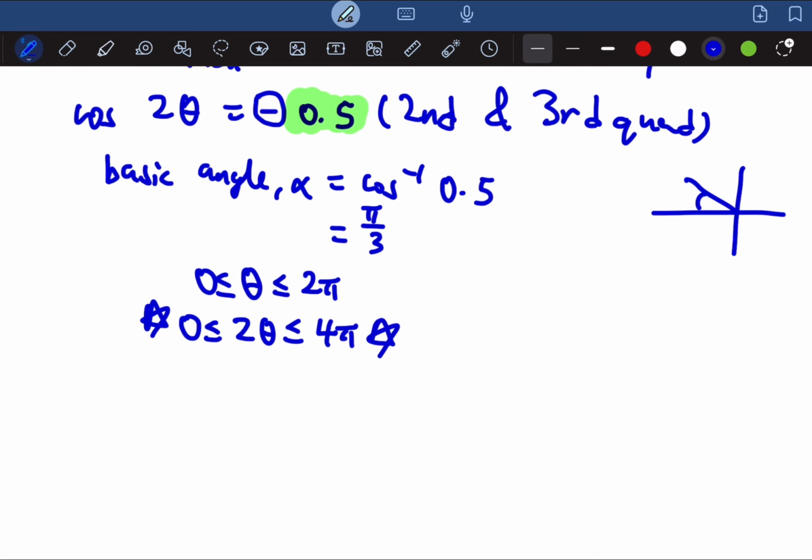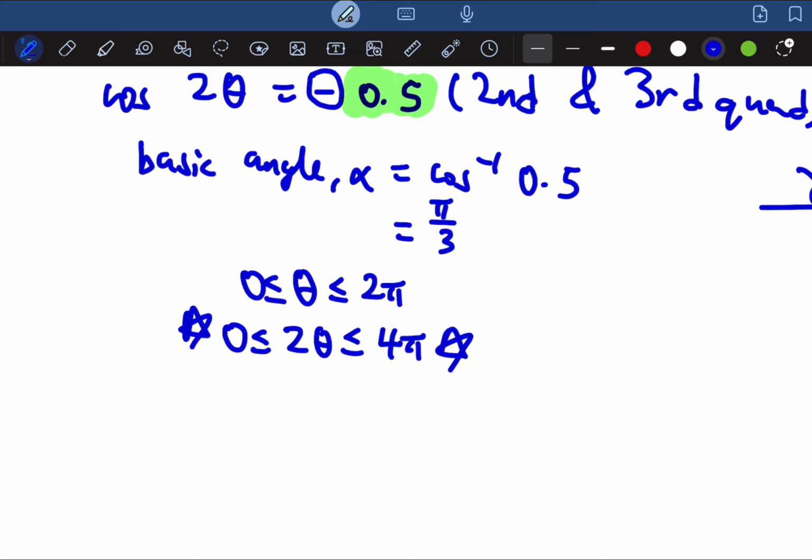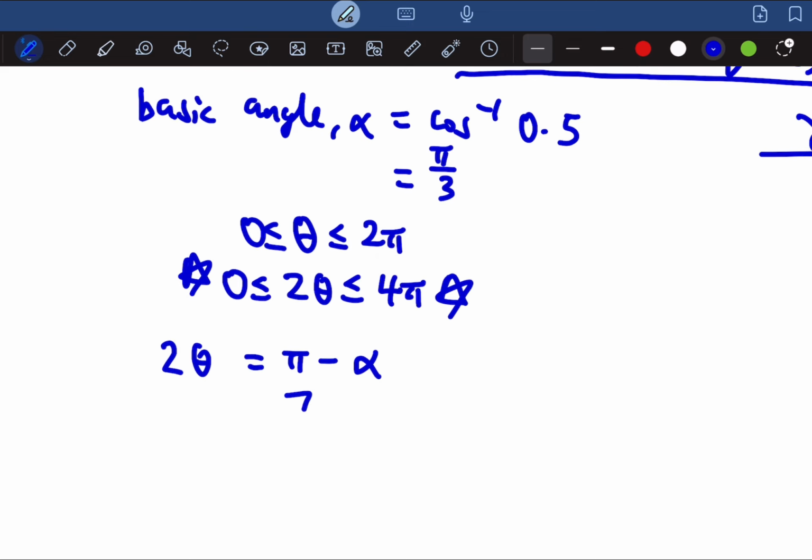I suggest if it's not clear, you may want to rewind this video and watch again and listen to my explanation. So with that, we will know that it's in the first, second, and third quadrant. So I'll have my 2 theta. Take note, 2 theta. So second quadrant is pi minus alpha. Why? Let me draw a triangle for everyone. Now it's in the second quadrant. This is our 2 theta. Here is my alpha. Then here is my pi.